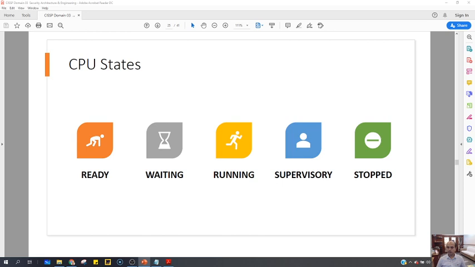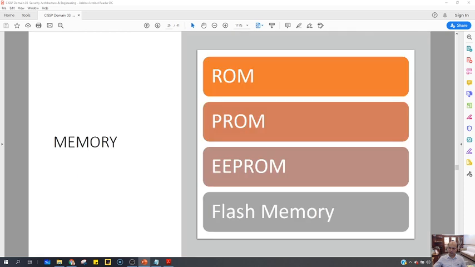It means the time has expired. Next is the supervisory state. In the supervisory state, the process requires greater privileges. Any function not executing in ring 3 comes under the supervisory state. And the final CPU state is stopped. It means the process finishes or terminates in between, right? That's what these 5 states are.